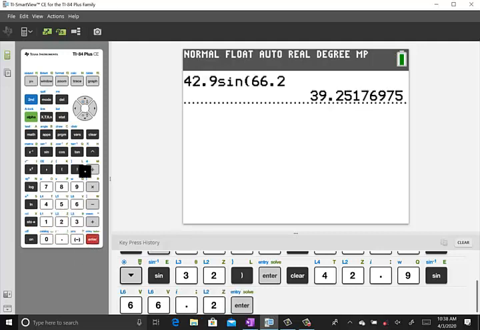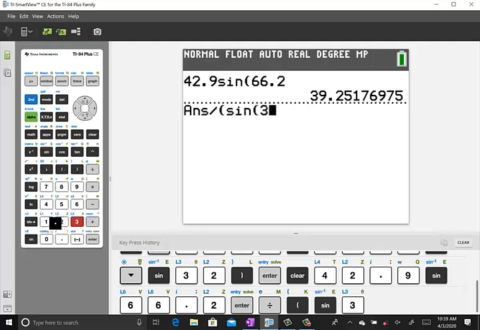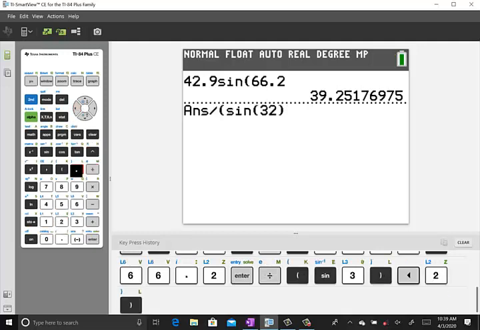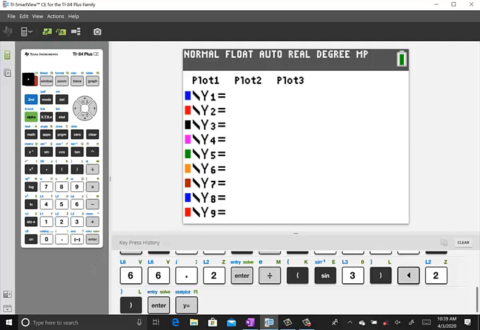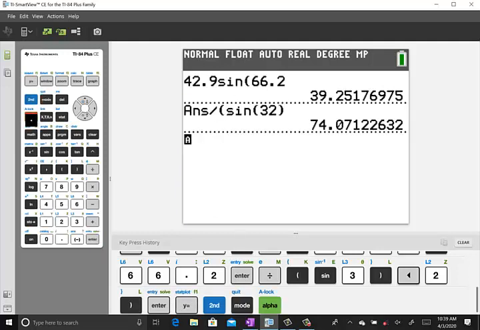Press enter, and then we need to divide that by, since we have multiple things in the denominator, wrap your denominator in parentheses, and it's sine 32 degrees. And we get 74.07 degrees, and we'll round that eventually. So if you have a fancy new calculator, you just hit alpha y equals enter, and there's your fraction bar, and just type in exactly what you have on your piece of paper. Okay.